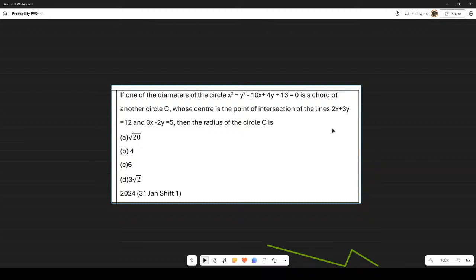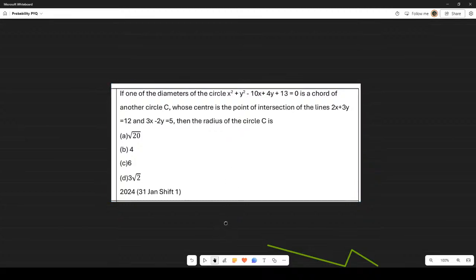This also came in 2024. See the variety? No variety actually. Simple. Just understanding circle. This circle, center and radius you know, so without any hesitation draw the circle first.